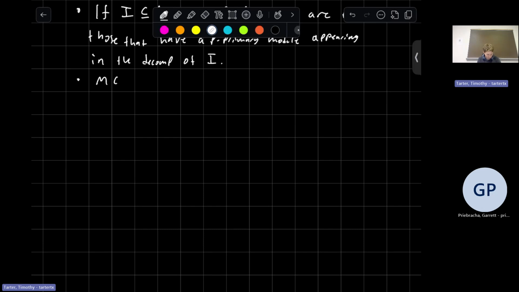So an element m in A is a zero divisor if and only if it vanishes on an associated point.